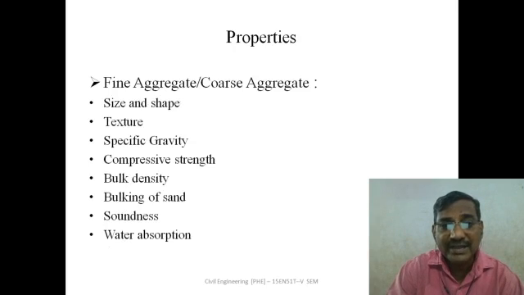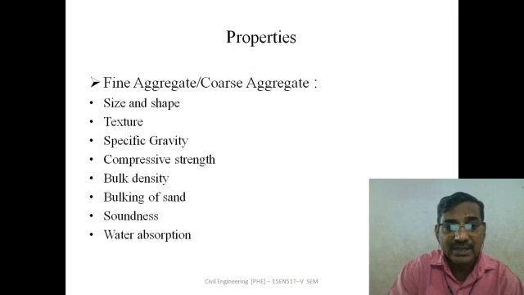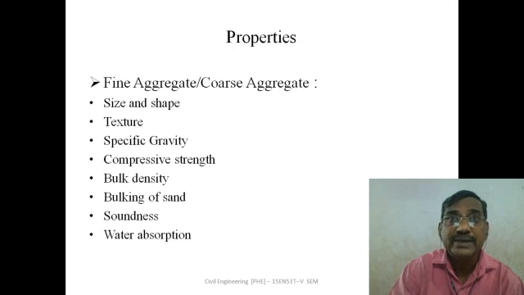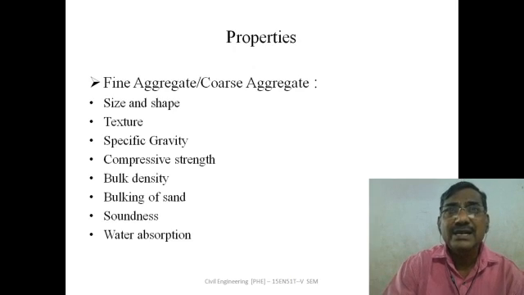Properties of fine aggregate and coarse aggregate are almost similar. They are size and shape, texture, specific gravity, compressive strength, bulk density, bulking of sand, soundness, water absorption. Size and shape.